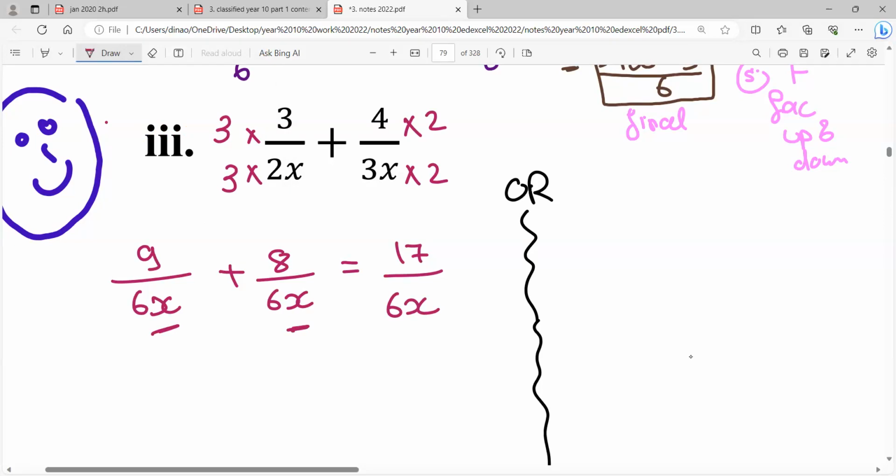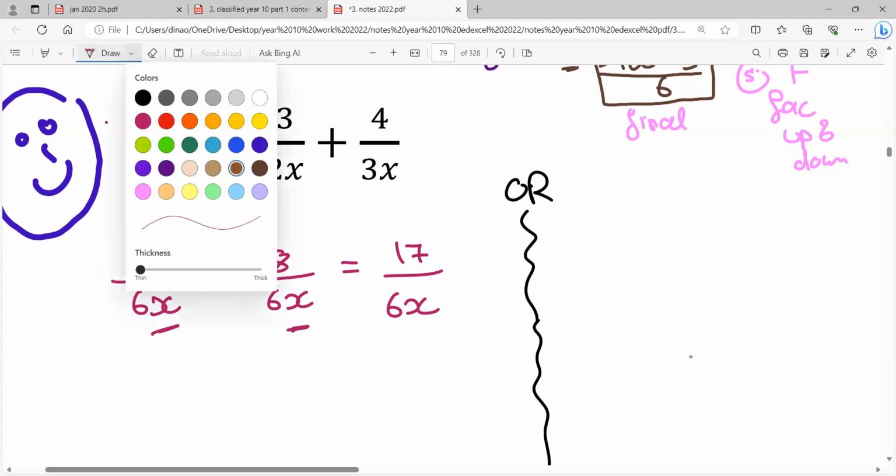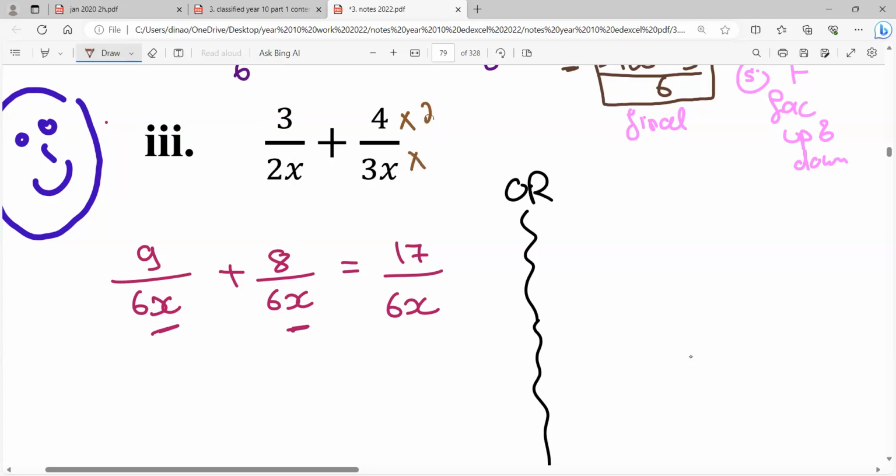Now what if someone says, miss, I don't want to do it this way, I'm going to multiply the denominators immediately? Then I will multiply up and down by 2x, because we change the denominators, and here I will multiply up and down by 3x. Right, nobody can argue.